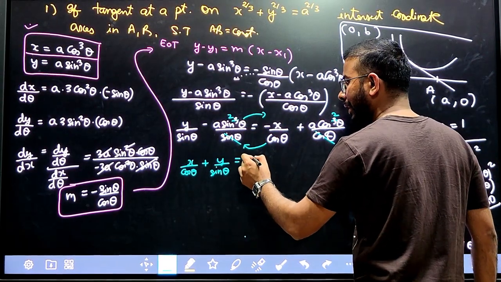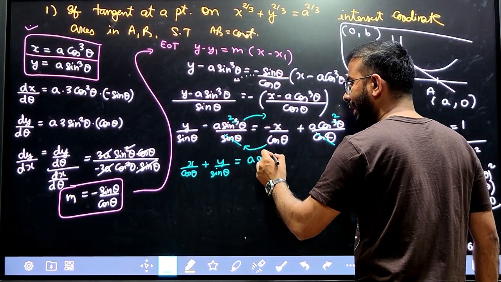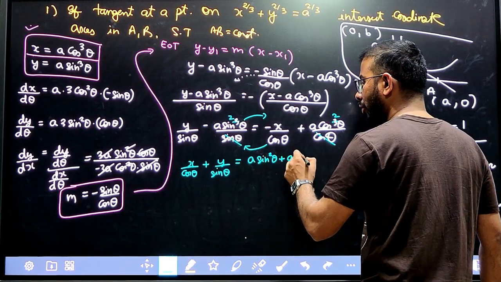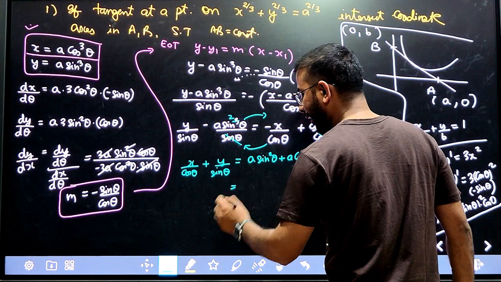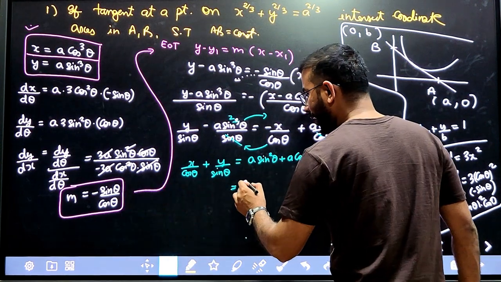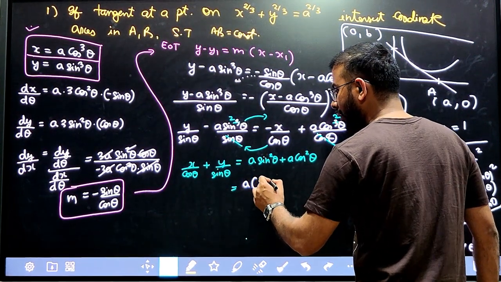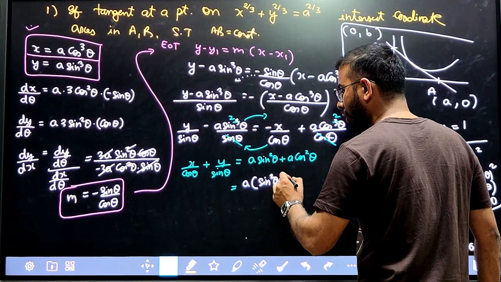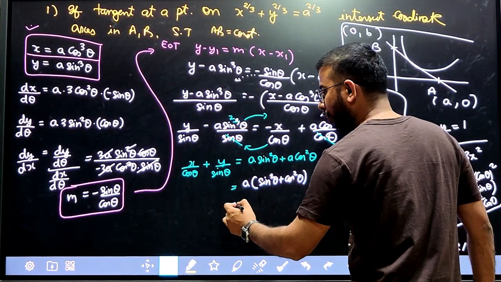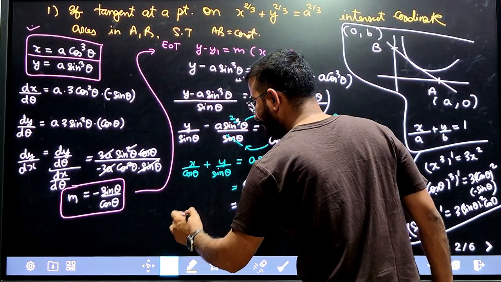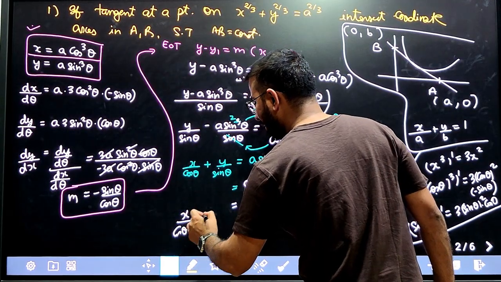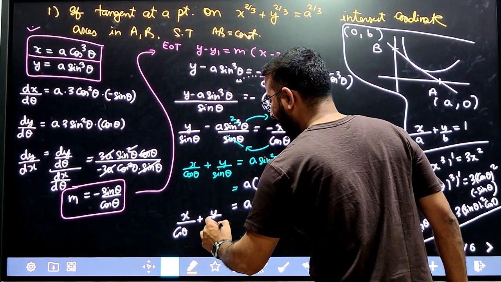So what will this become? a sine square theta plus a cos square theta. Now what can you take common in these two, guys? a. So you can take a common. In the bracket we'll have sine square theta plus cos square theta. What is that? 1. So it is a into 1. So this is x by cos theta, y by sine theta.